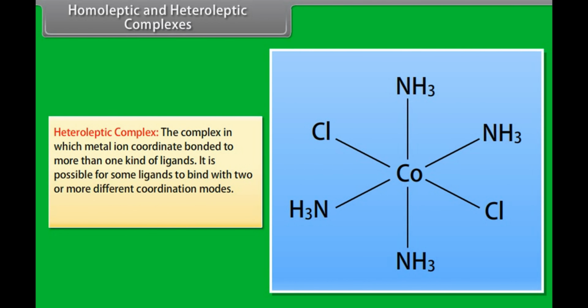Heteroleptic complex. The complex in which the metal ion is coordinate bonded to more than one kind of ligands. It is possible for some ligands to bind with two or more different coordination modes. For example, [CoCl2(NH3)4]+.